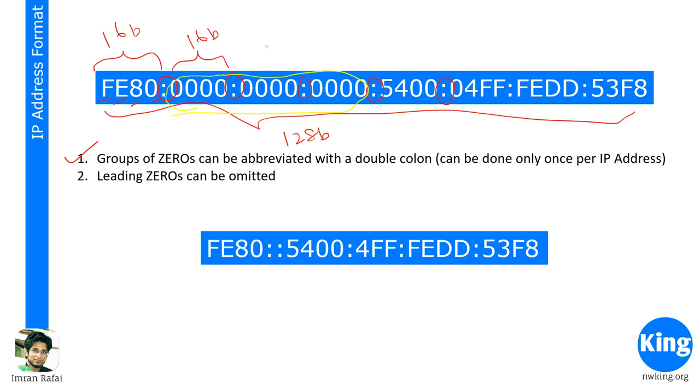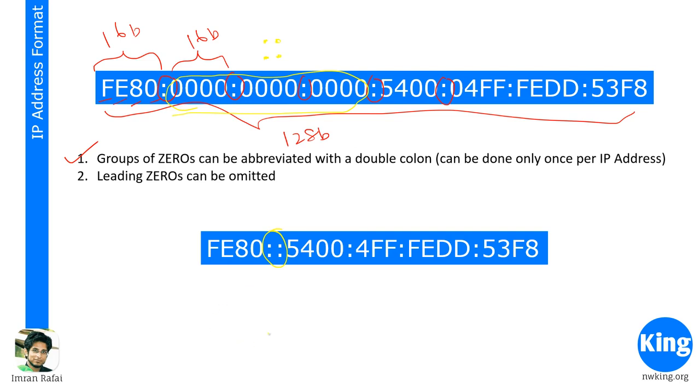This can be replaced using a double colon. That means what is in between is blocks of zeros. Now how many blocks of zeros?